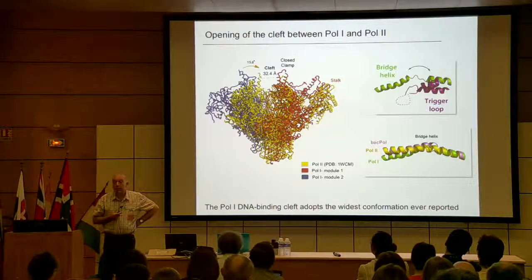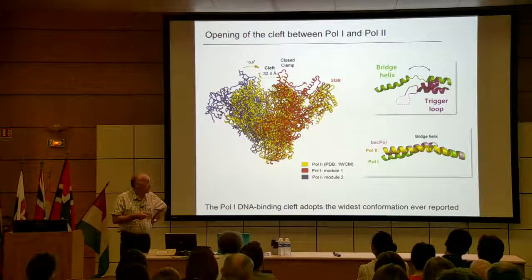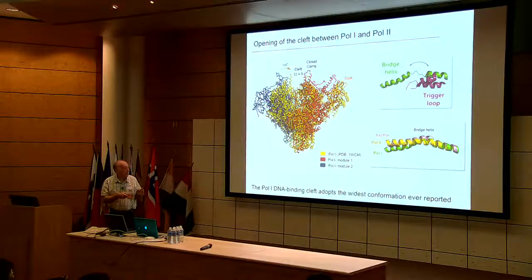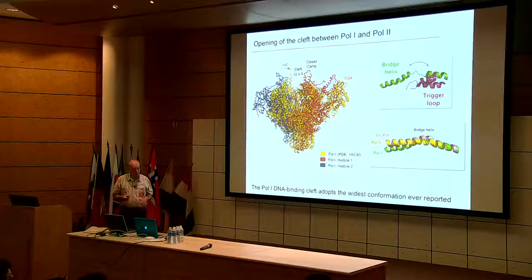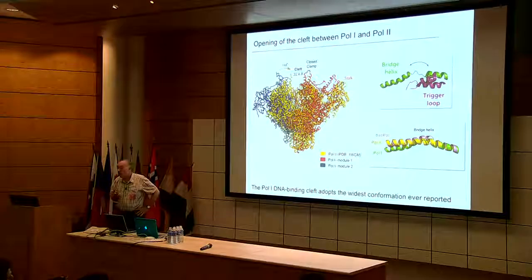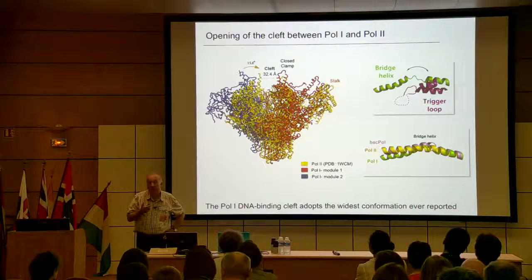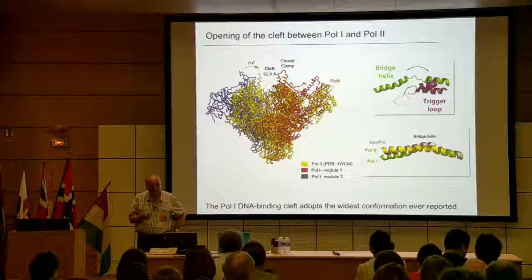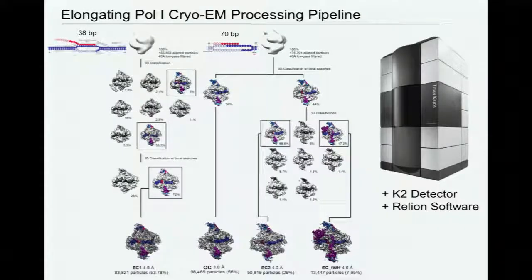It has been proposed, for example, in the bacterial polymerases, that there is some conformational change going on there. They see a kink and some loosening of this helix, but in this case, it was completely unwound. And so one of the interests was then to see how Pol 1 looks when it's bound to a transcription scaffold.